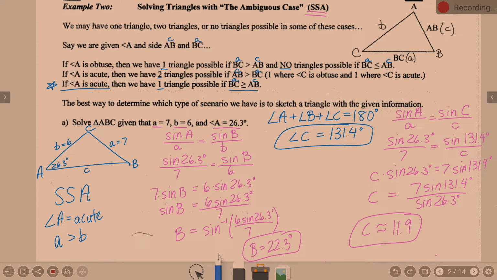Angle A is acute. Side A is smaller than the other side provided. So we are actually fitting into this middle scenario here. I can show you a picture in the book, but we're actually going to be in a situation where there are going to be 2 triangles possible.